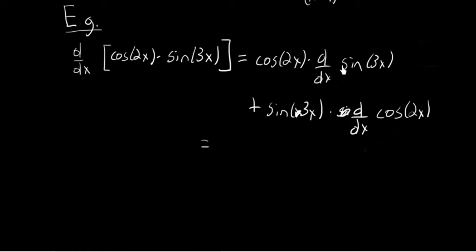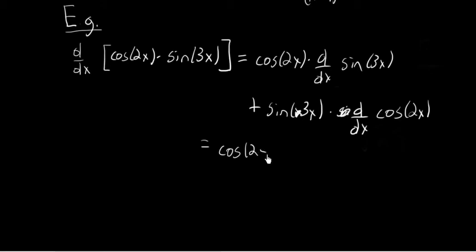You'll notice in these derivative expressions, we don't have the derivative of sine of x. We have the derivative of sine of 3x. Likewise, here we do not have the derivative of cosine of x. We have the derivative of cosine of 2x. So we'll have to use the chain rule in each of these instances.